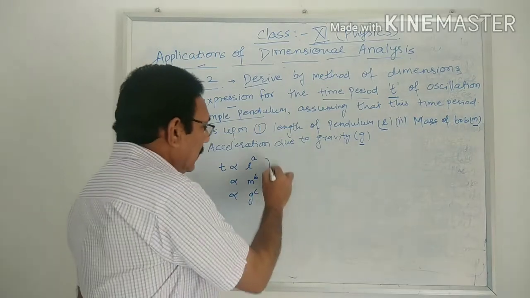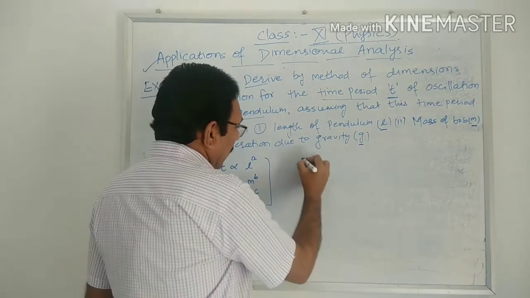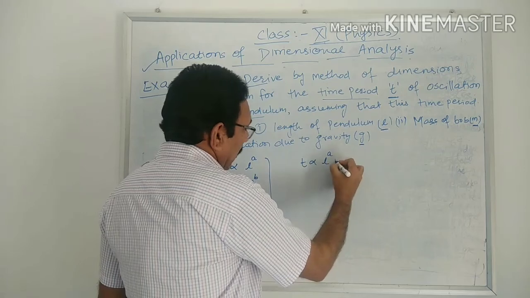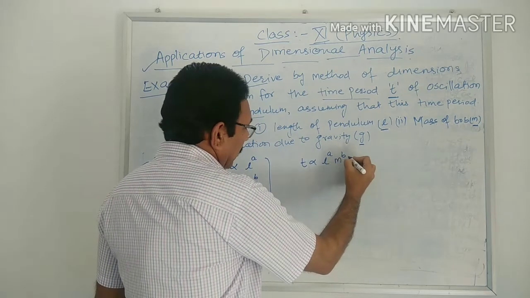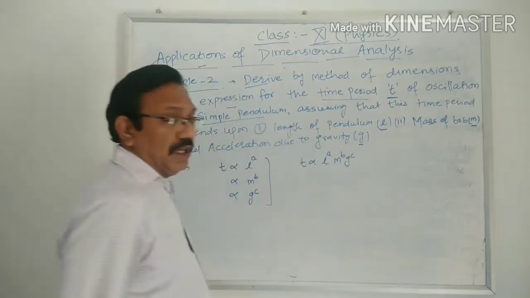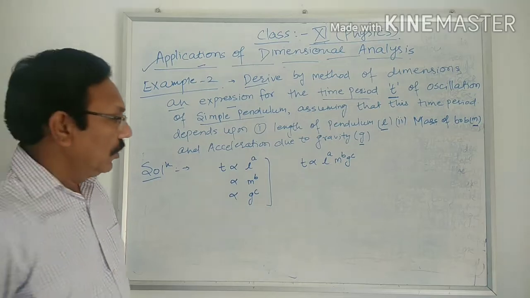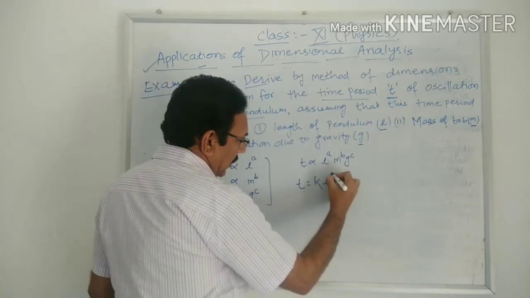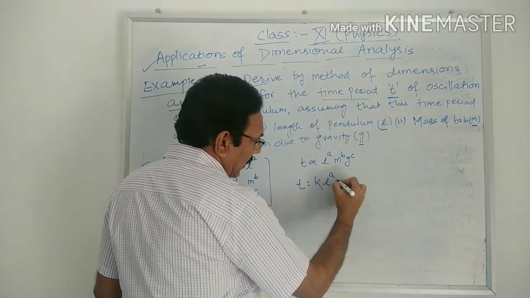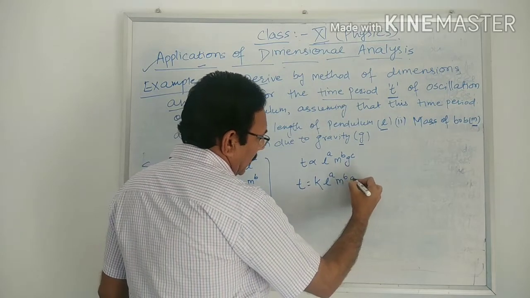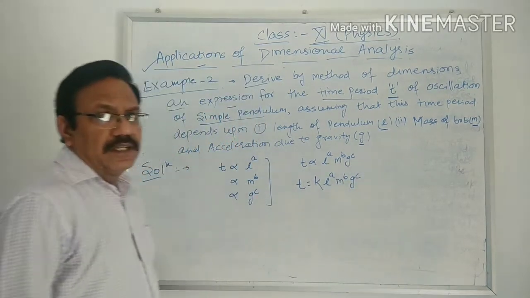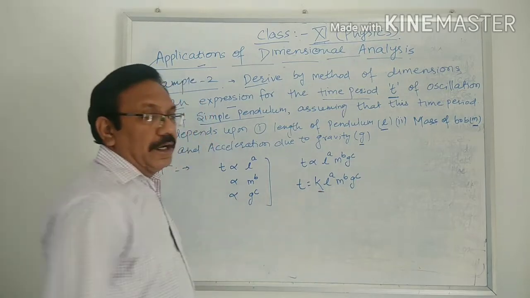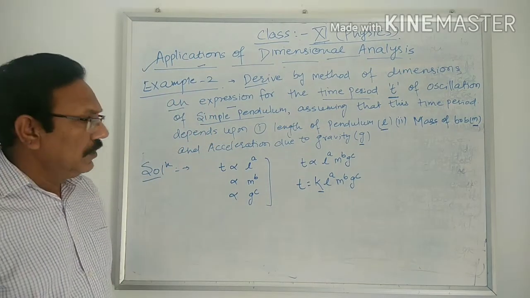On combining these three, we obtain T proportional to L raised to power A, M raised to power B, and G raised to power C, or T equal to K, L raised to power A, M raised to power B, and G raised to power C. K is again a dimensionless constant.